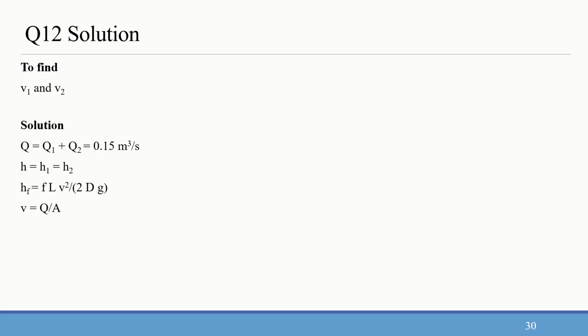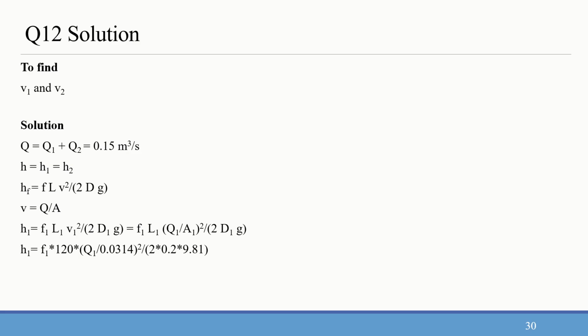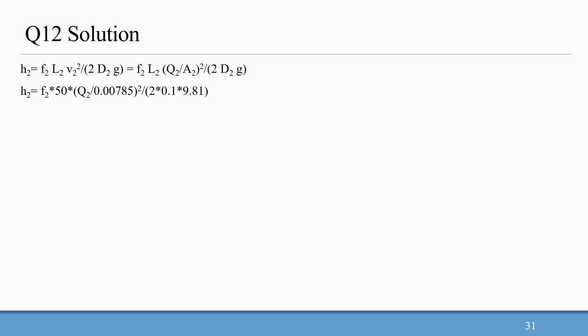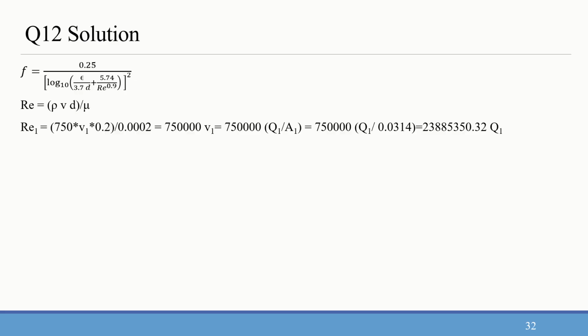We substitute everything known, with V equal to Q by A, used consistently throughout. After substitution we get H as a function of F and Q. Now we need to determine friction factor F, and since F requires the Reynolds number, we calculate that.